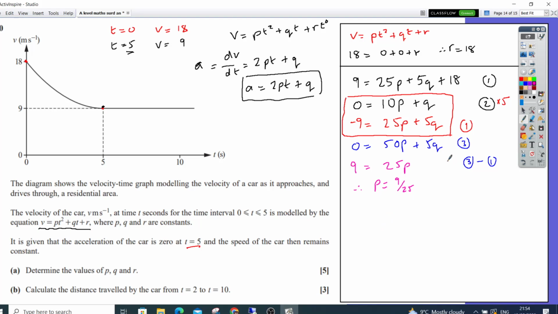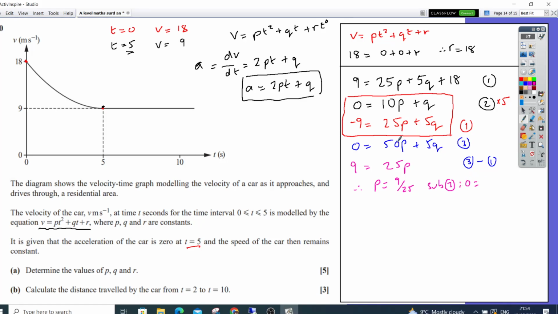Okay, now if you got that, you can just sub it in any one of those. So I'm going to sub it back in, just do it in this one because that's 0. So sub that value in equation 3, that's going to equal 0.